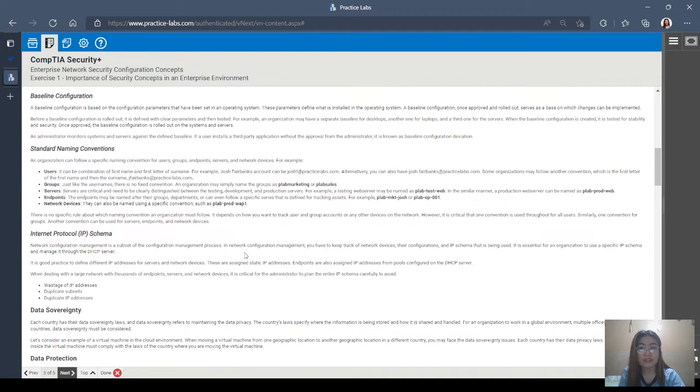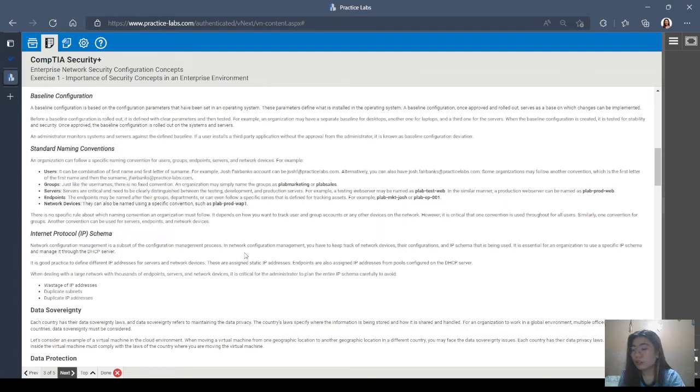Before a baseline configuration is rolled out, it is defined with clear parameters and then tested. For example, an organization may have a separate baseline for desktop, another one for laptop, and a third one for the server. When the baseline configuration is created, it is tested for stability and security. Once approved, the baseline configuration is rolled out on the systems and servers.